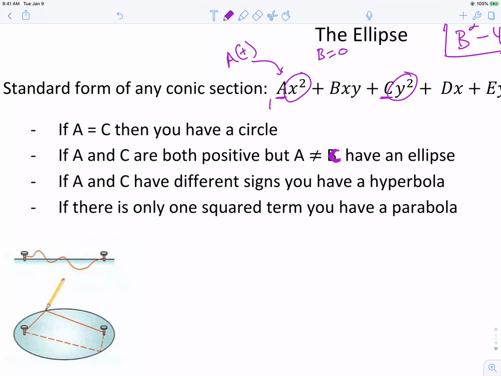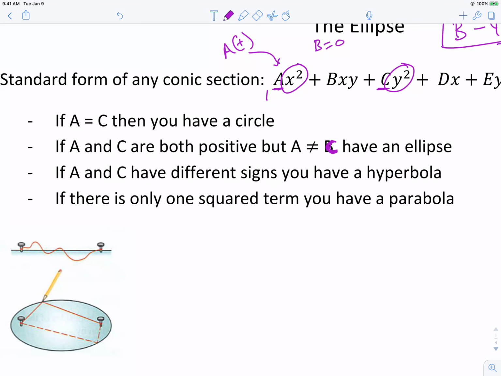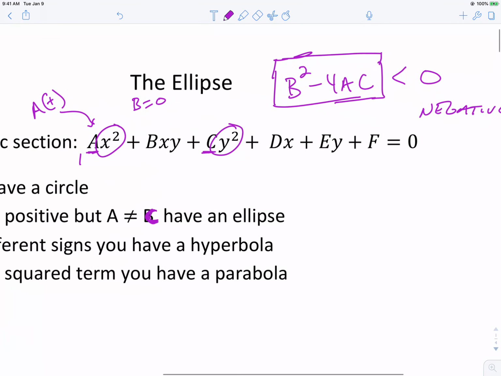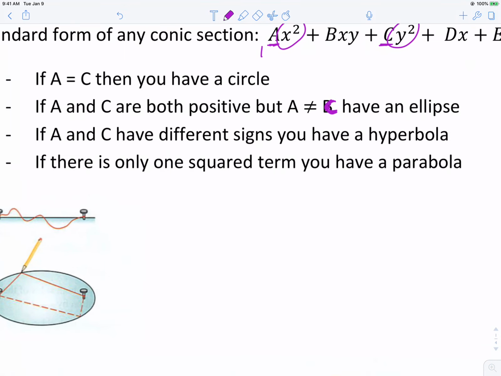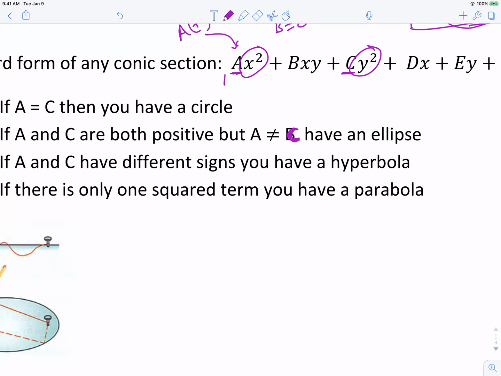Then we have an ellipse. And a positive A and a positive C here would make this a negative number, which is less than 0. And of course, this part is always 0 for us because B is going to be 0. So this is another way to think about it. If A and C are both positive, but they're not equal, we have an ellipse.